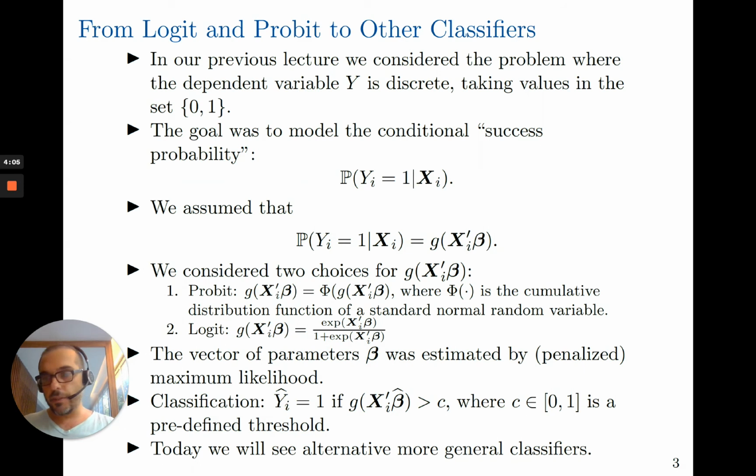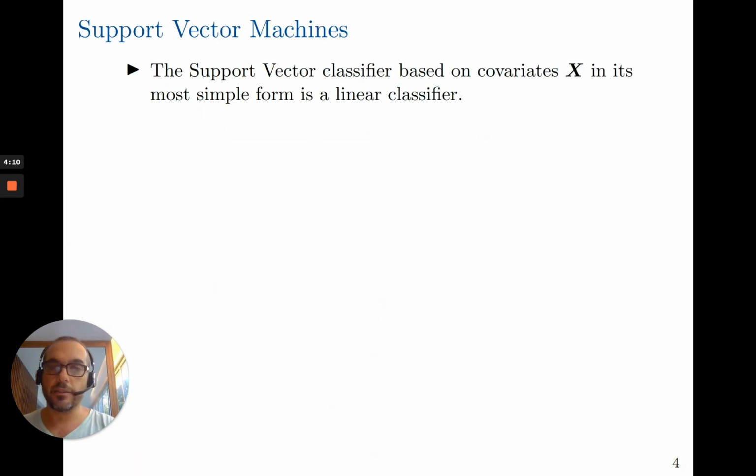Today we're going to look into more general classifiers. The support vector classifier is based on covariates, and in its simplest form, it's also a linear classifier.